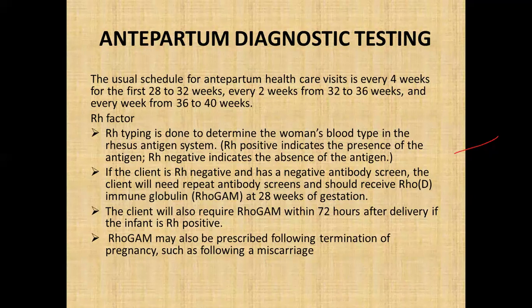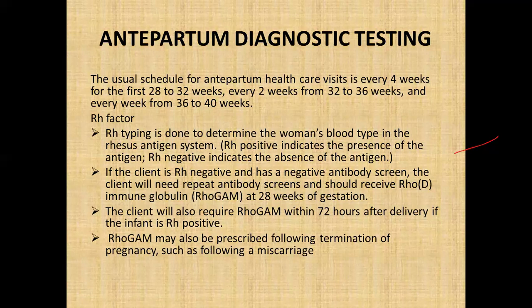Whichever week the person started her antenatal visit, the person will be going every 4 weeks up to the 28 to 32. Then from there, the person will move to every 2 weeks up to 36. Then from 36 up to 40, it will be every week.